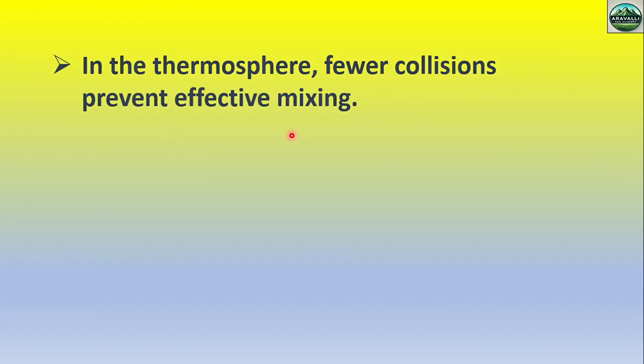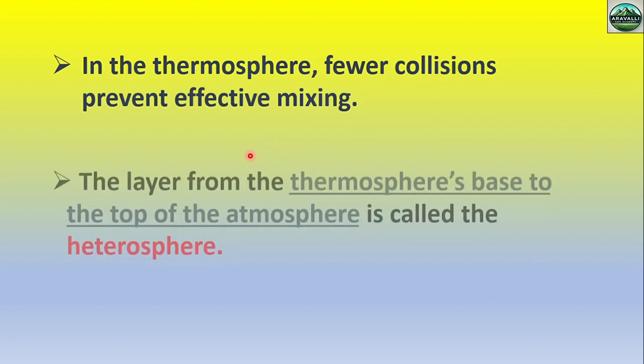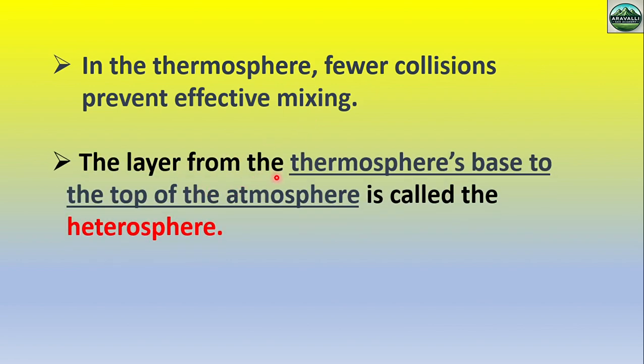Due to this long distance, the mixing is less compared to the homosphere, and so the composition of the atmosphere is different. The layer from the thermosphere base to the top of the atmosphere is called the heterosphere, because the composition is different.